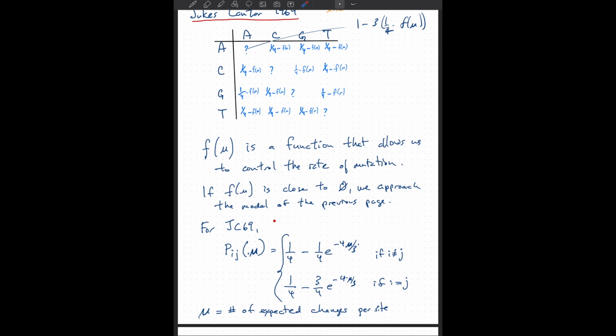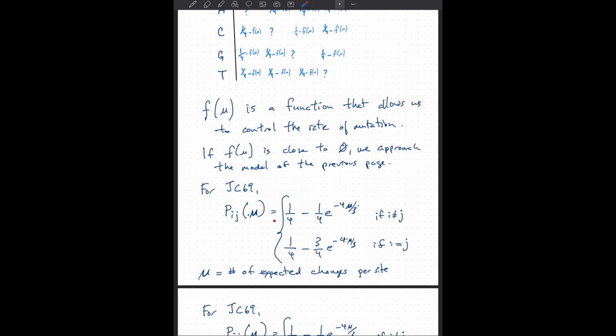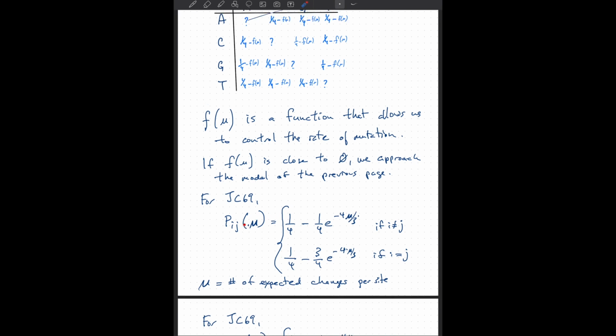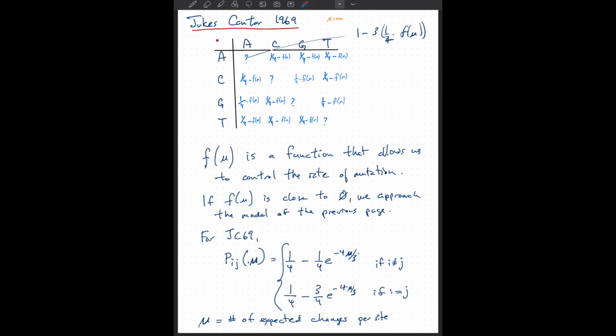Okay, so I won't derive where this equation comes from, but Jukes-Cantor suggested this equation to describe P_ij.